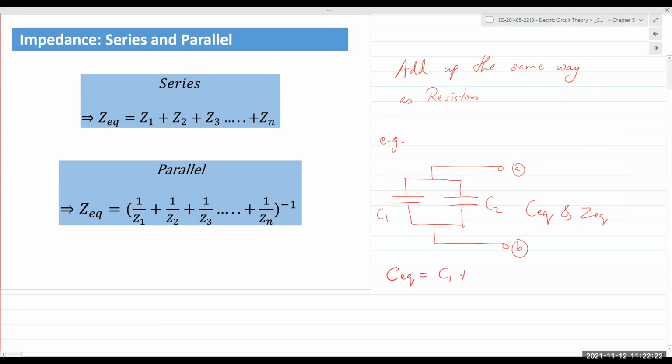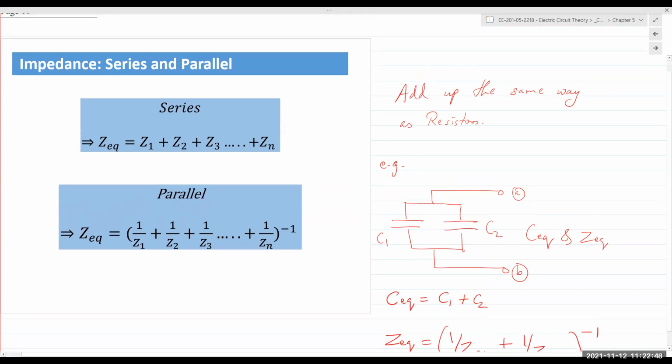CEQ would simply be C1 plus C2, but ZEQ would be 1 over ZC1 plus 1 over ZC2, and then the inverse. Does that make sense? Take 10 seconds and think it over. Let me know if you have any questions.